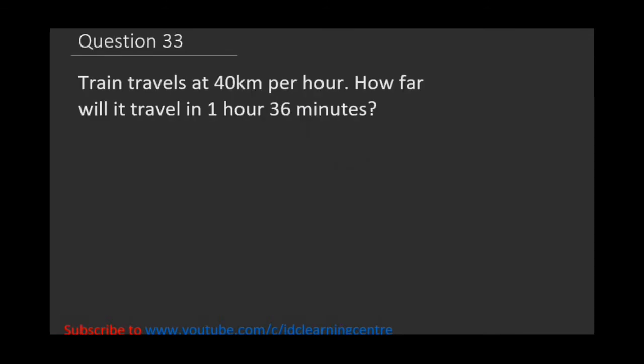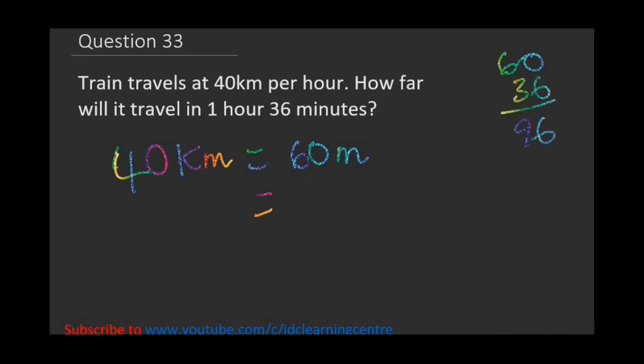Question 33. A train travels at 40 kilometers per 1 hour. And 1 hour is 60 minutes, don't forget. Let me express it in minutes. How far will it travel in 1 hour 36 minutes? 1 hour is 60 minutes plus 36 minutes, that's 96 minutes.